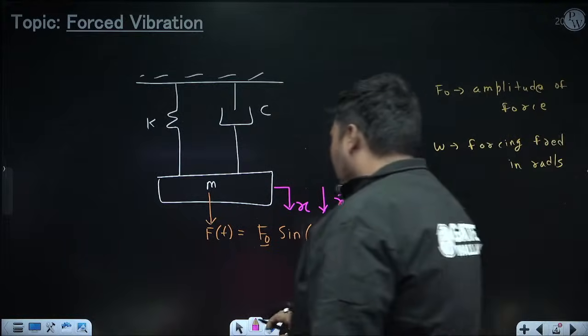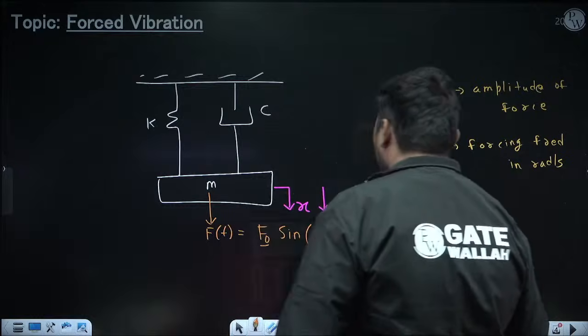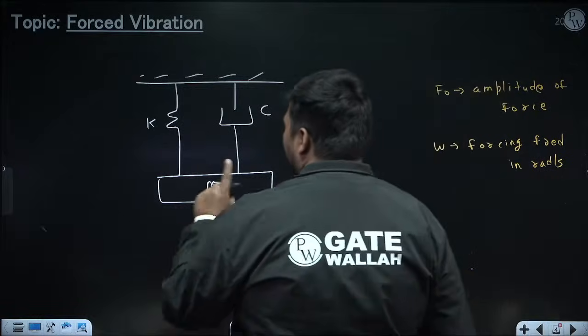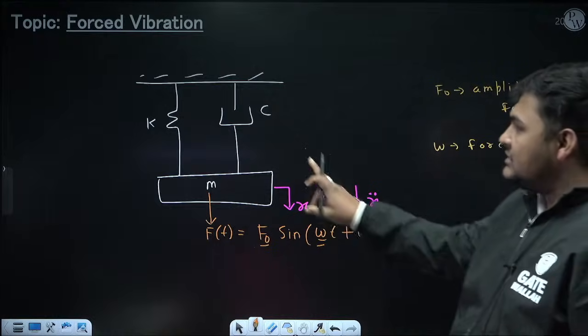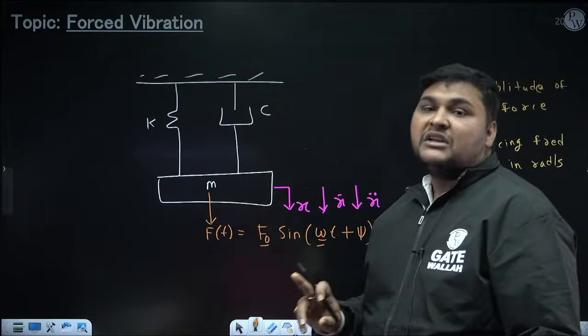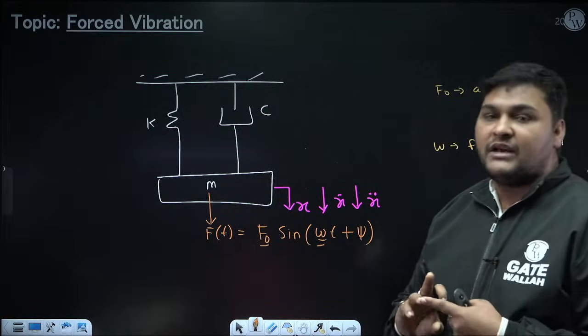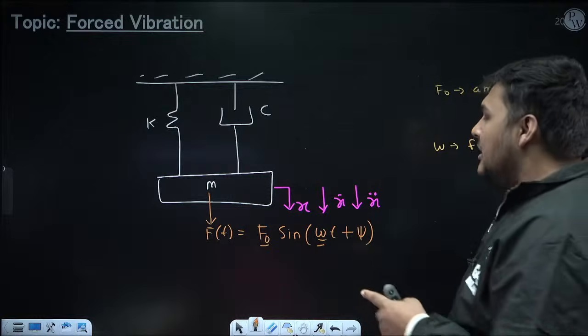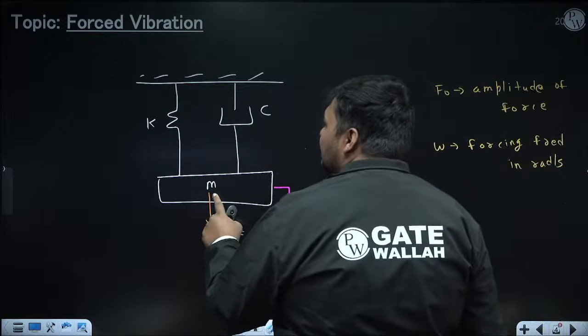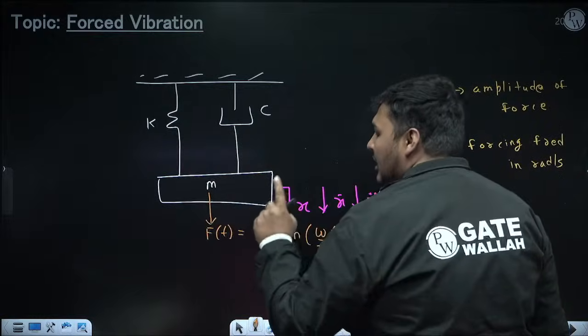Now, all the forces we will apply on the body of mass. The first force which will come is the restoring force. We already discussed in earlier classes that in this spring mass system, there will be no role of gravity in the restoration. Reason? Because the weight of this mass is supported by the spring.